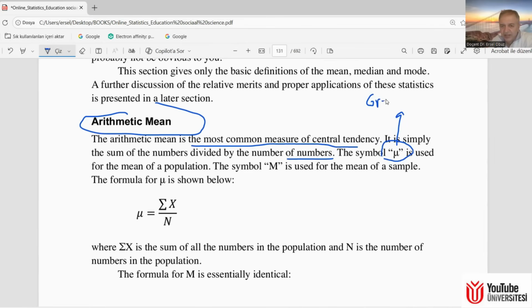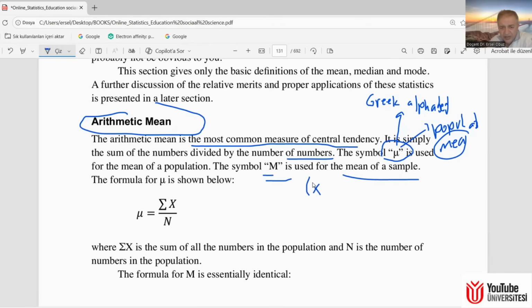So this is the Greek alphabet. Why? Because this is for the population mean. So we use mu. The symbol M is used for the sample. In some other books you may see x bar or y bar, so don't get confused when you see something like that.